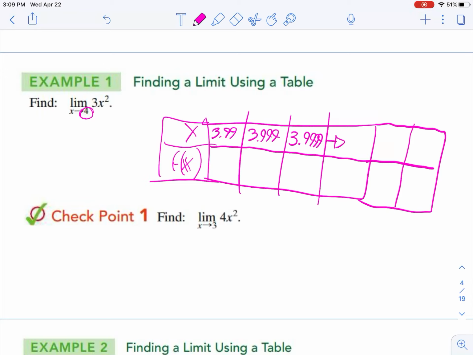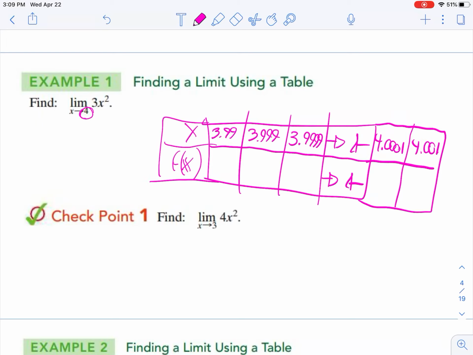Okay, and then what happens here in the middle? For our next part, we're also plugging in 4.0001, 4.001, and we're going to try to see what's happening on each side of this.